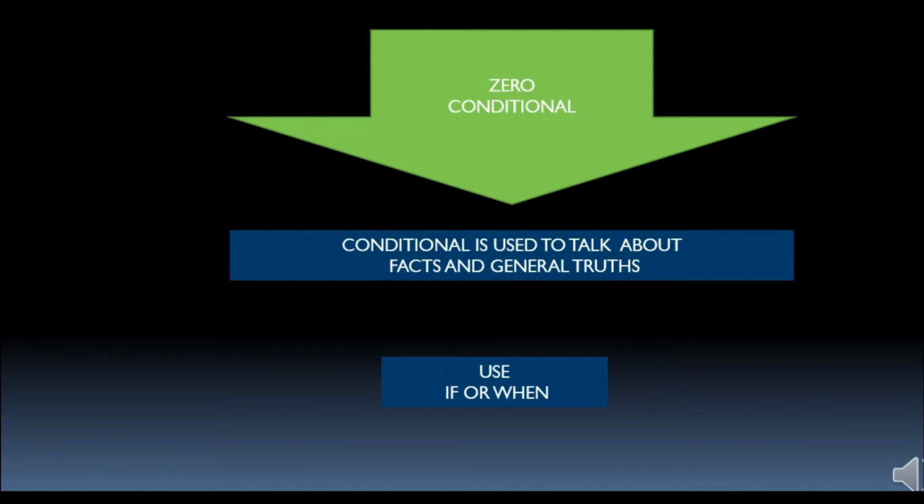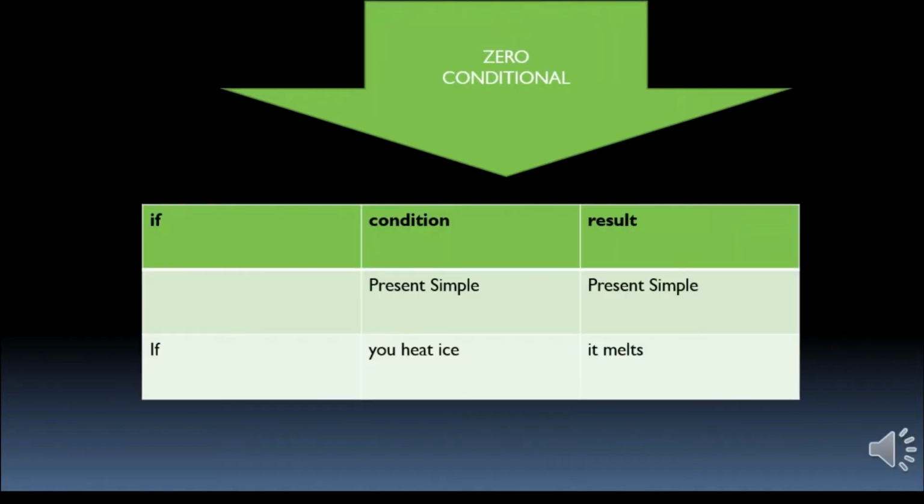We are thinking about a simple fact. We use the present simple tense to talk about the condition. We also use the present simple tense to talk about the result. The important thing about the zero conditional is that the condition always has the same result.